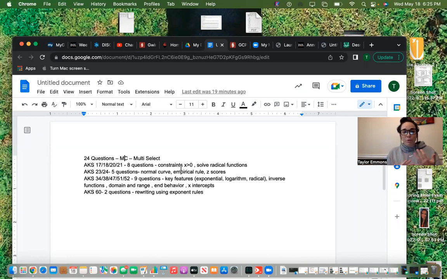You're going to be asked about normal curve, empirical rule, z-scores, and yes, you'll have the formula for z-score as well as the normal curve and the percentages. AKS 34, 38, 47, 51, and 52. Those are going to be key features, exponential, logs, radicals, and then inverse functions on that. And that's a little bit of what we just went over with domain and range and in behavior and x-intercepts.